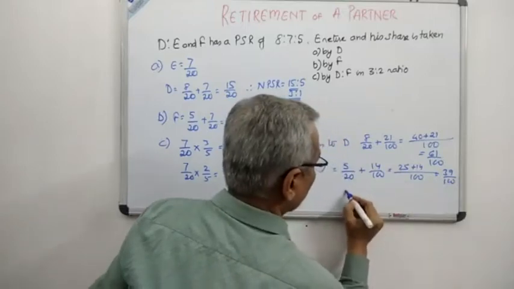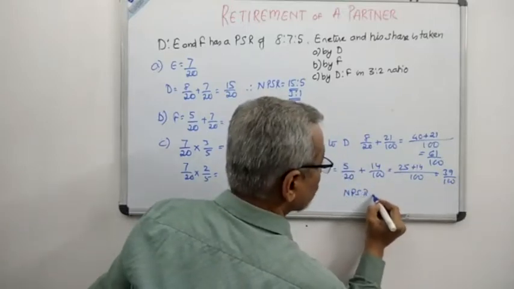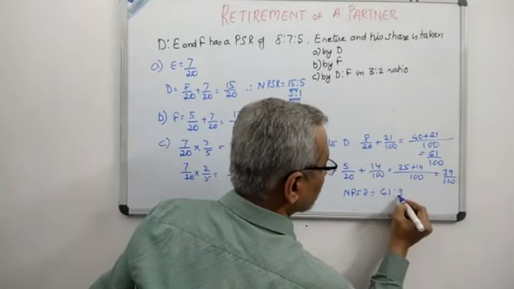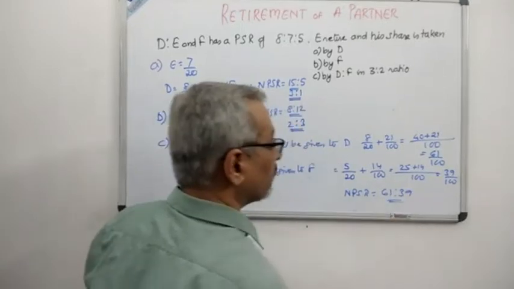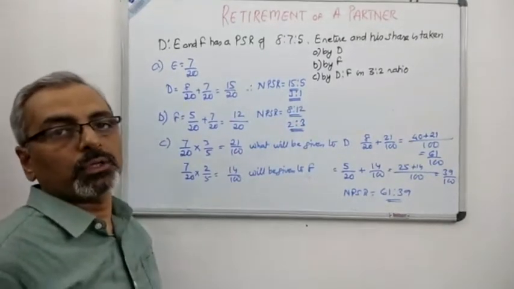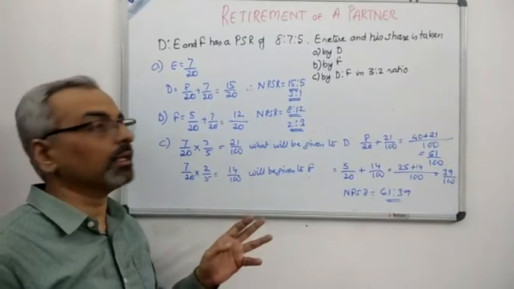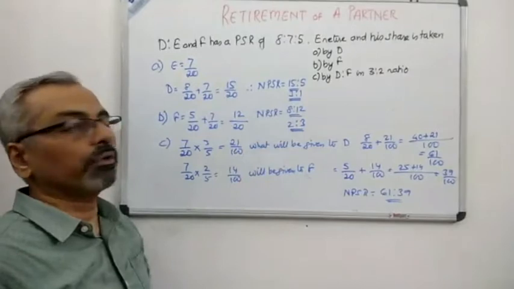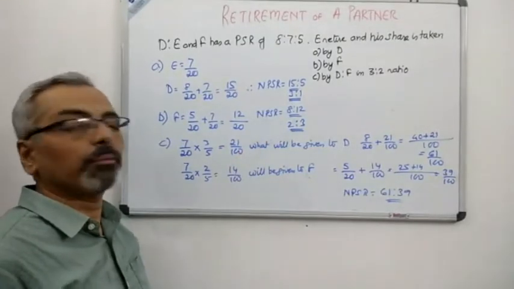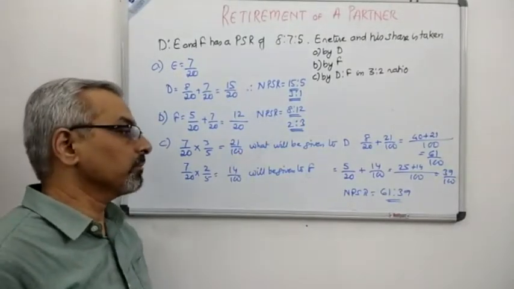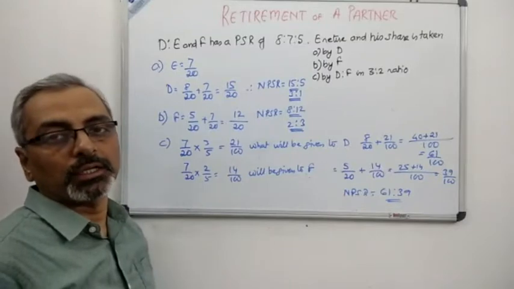So therefore the new profit sharing ratio will give us 61 by 39, and this cannot be reduced down to a lower term. So in this case we have calculated the new profit sharing ratio in three cases. In the first case it became 3 is to 1, in the second case it became 2 is to 3, in the third case it became 61 is to 39.